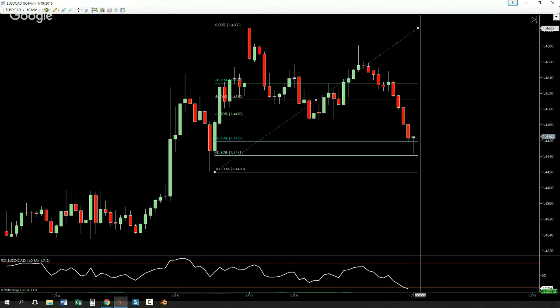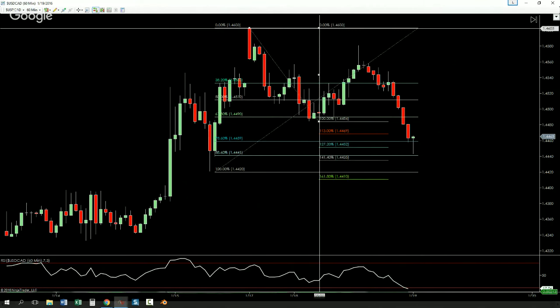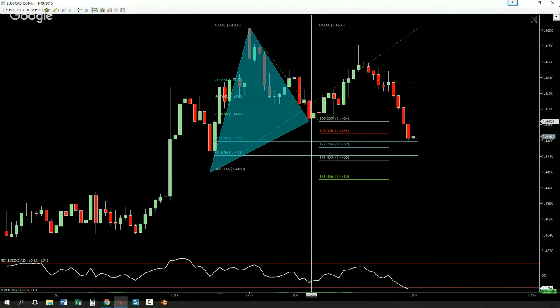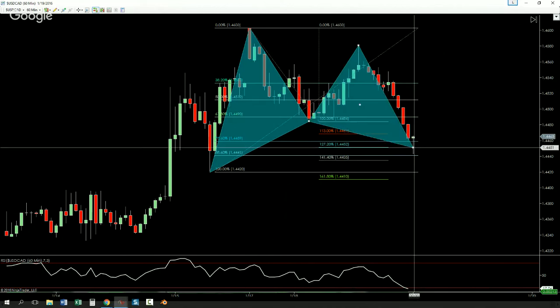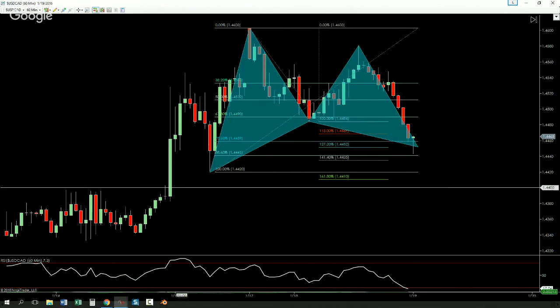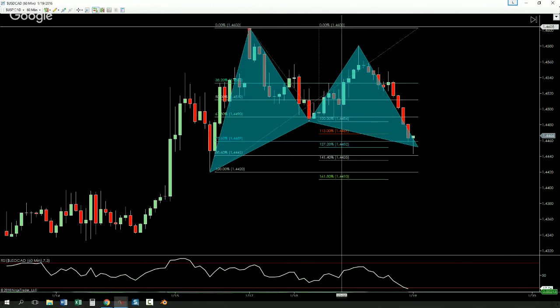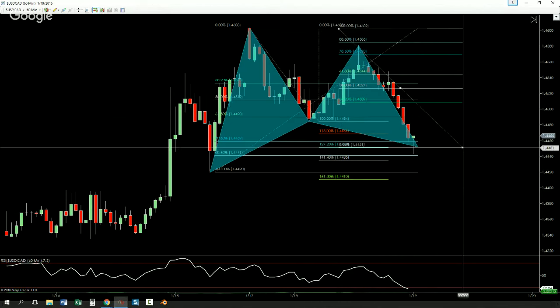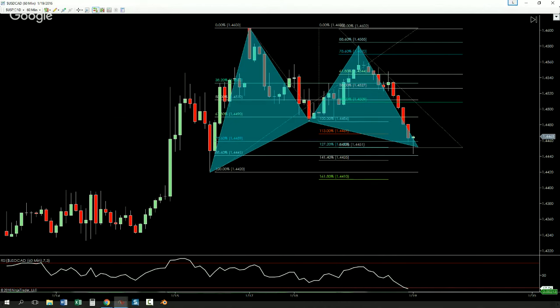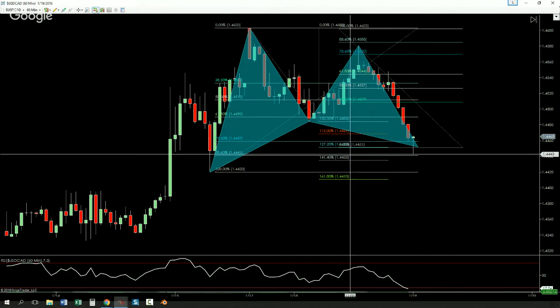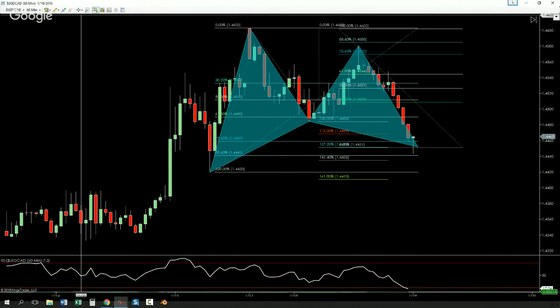And that is a Gartley pattern. Of course, the rules are that this pattern does terminate at the 127, stops below the X right here. First targets would be our 382 and the 6184 for the second target. So that's at market Gartley.